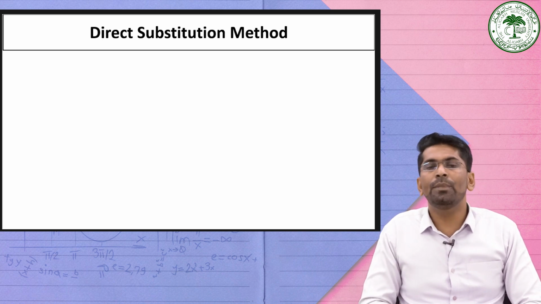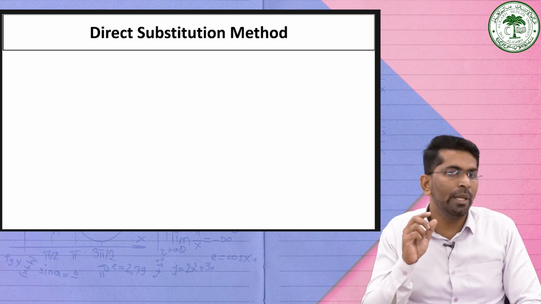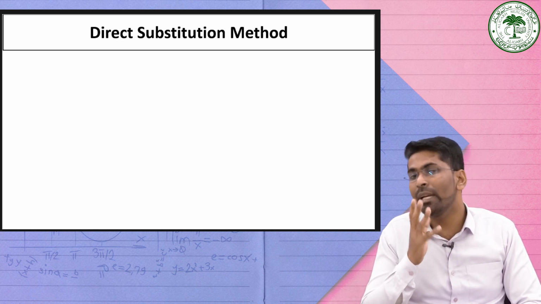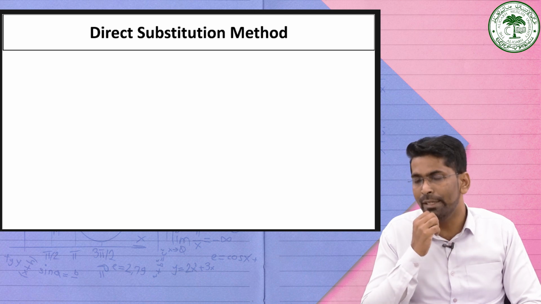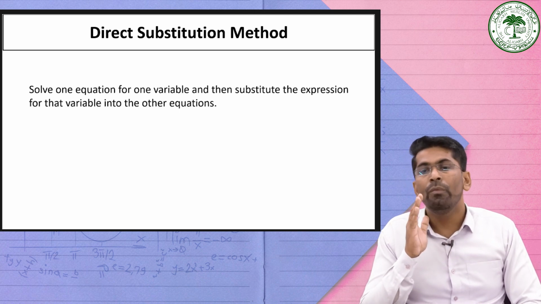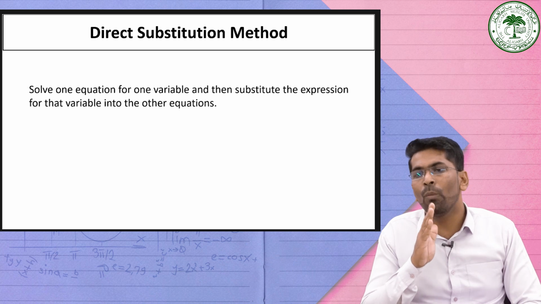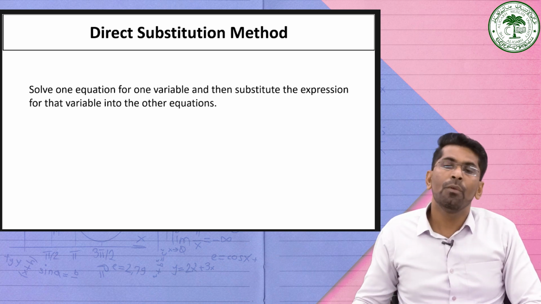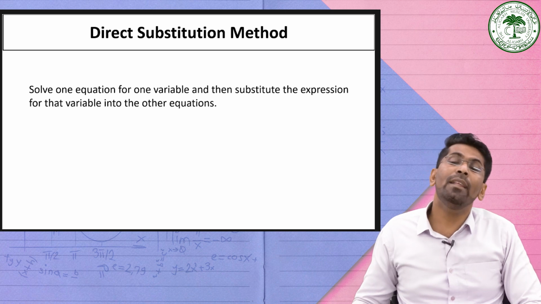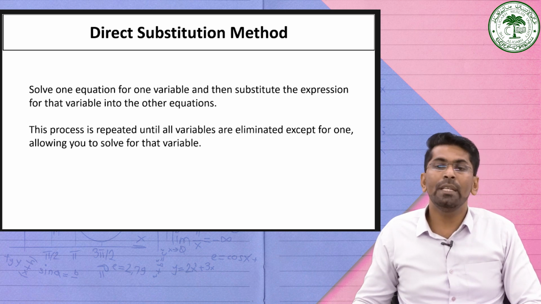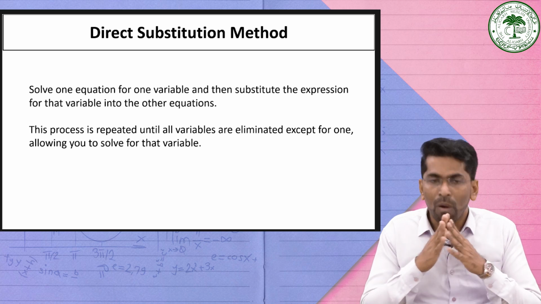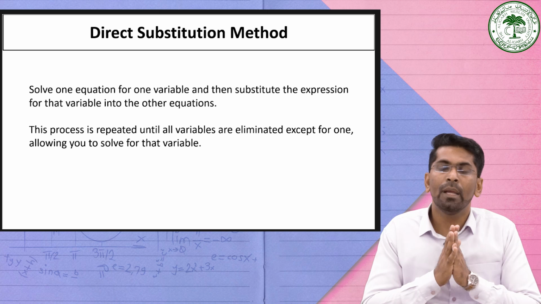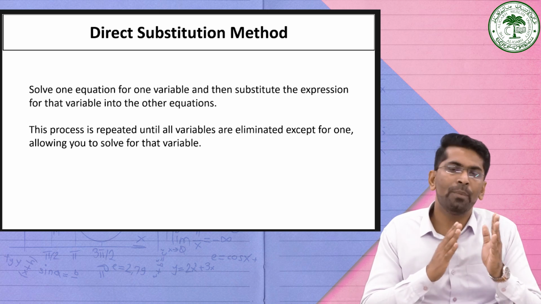See, the direct substitution method is a technique which is used to solve a system of equations, including those with 3 variables as well, which we are going to discuss here. In this method, we solve one equation for one variable and then substitute that particular expression for that variable into another equation. This procedure repeats until all the variables are eliminated except for one, allowing you to solve for that particular variable.